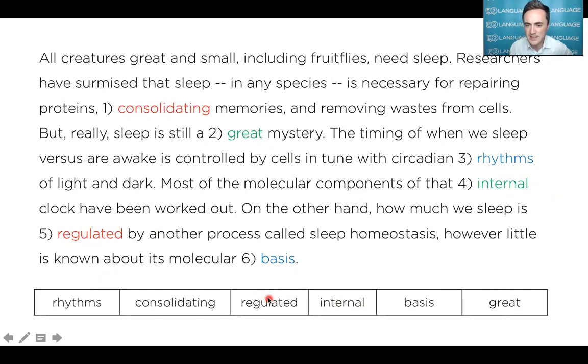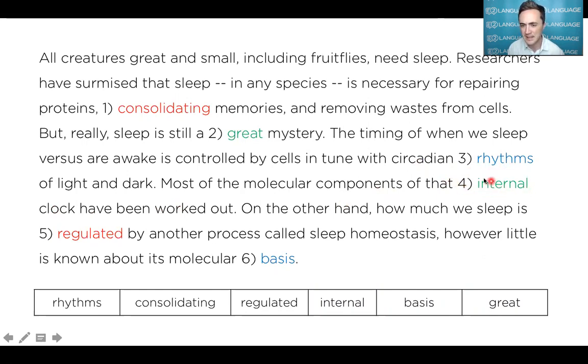So we've increased our chances by 50%, and then we've chosen great. So it's a great mystery. Why? Because that's the collocation, and consolidating memories is a collocation. And here we knew this was a noun, and the collocation is circadian rhythms. And internal clock, we knew this was a noun. Clock is a noun, therefore this must be an adjective.